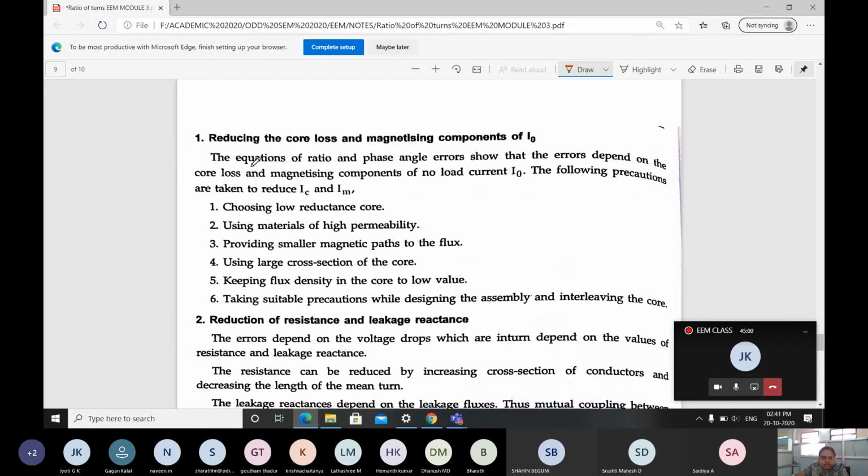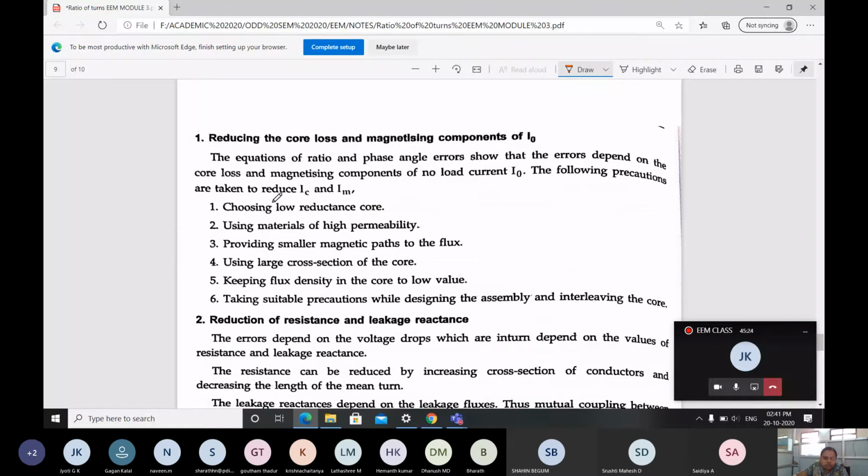The equations of ratio and phase angle errors show that the error depends on the core loss and magnetizing components of the no load current, I naught. The following precautions have to be taken so that we can reduce the currents Ic and Im.